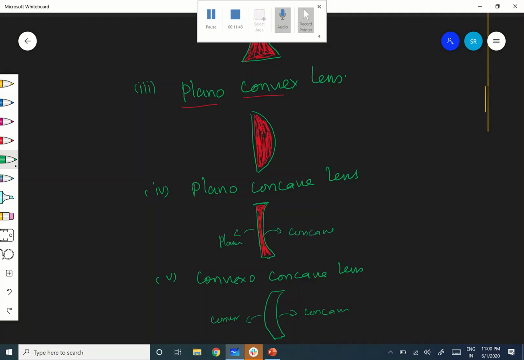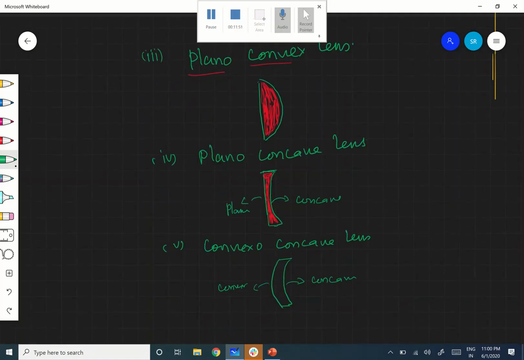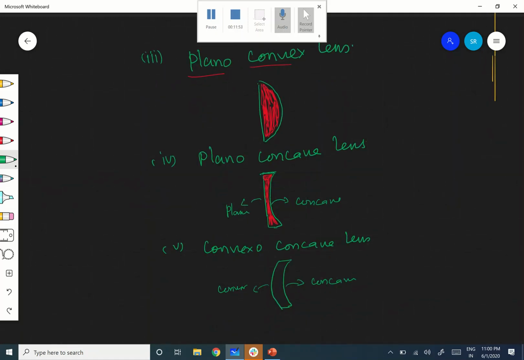Are you following? Therefore, here it is convexo-concave. If you see inside, that is a transparent medium. Every time there is no need to show the transparent medium, it is understood, but to start with I showed it. So this is a convexo-concave lens. This side is convex and the other side is concave. So these are all the concave or convex types, everything is there.